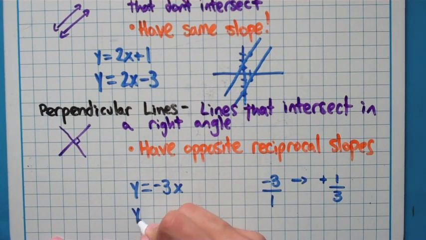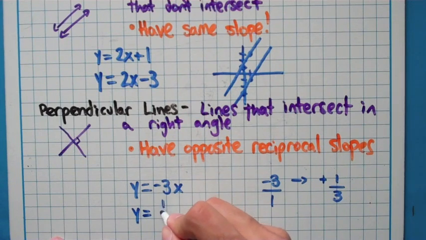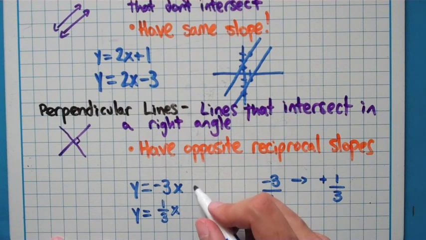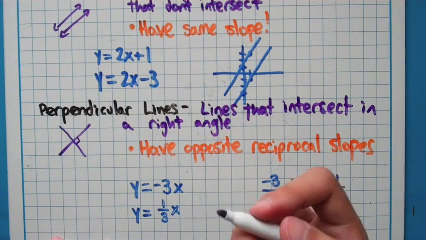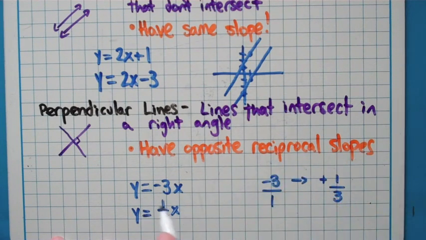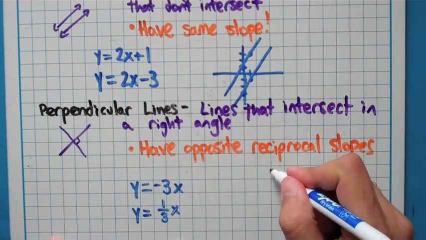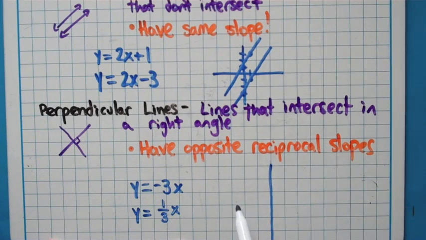So I'm going to do y equals 1/3 x. And this number can be whatever you want. It doesn't really matter on these if it's the same or not. Just for a nice simple example, I'll keep it like that. So just 1/3 x, but I could put a number there and it would still be perpendicular. So let me graph these real fast to verify that they do look perpendicular.